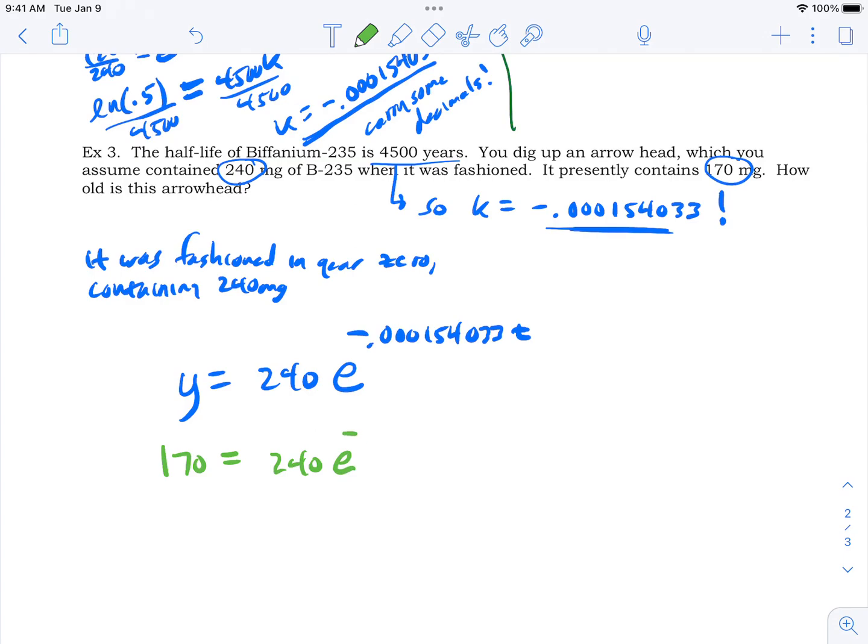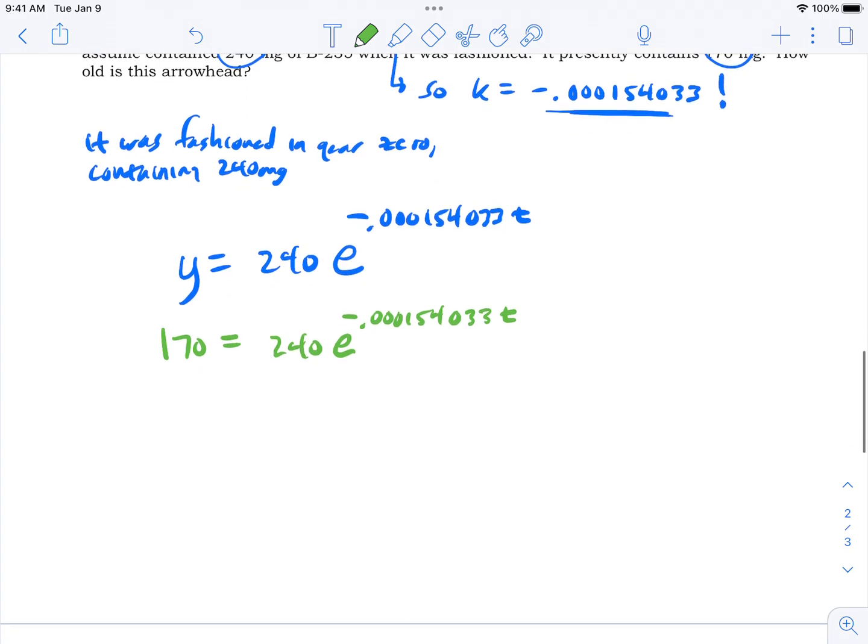And we have to solve for the time. So that's what's different. We have to solve for the t. We're not plugging in t, we're solving for t. Well, if we know how to solve for k, that's going to be the same steps here. First, divide both sides by the 240. So I have e by itself. Then take the natural log of both sides, and I might as well reduce that to 17 over 24.